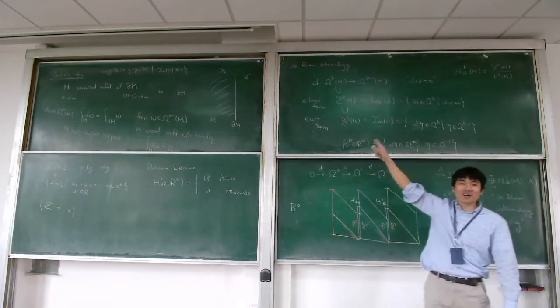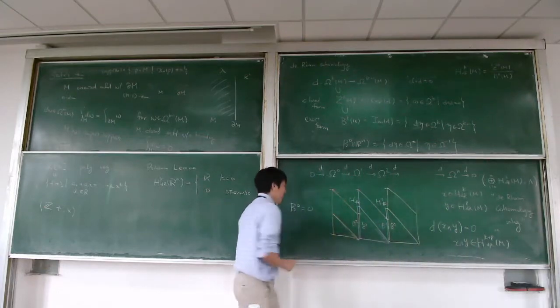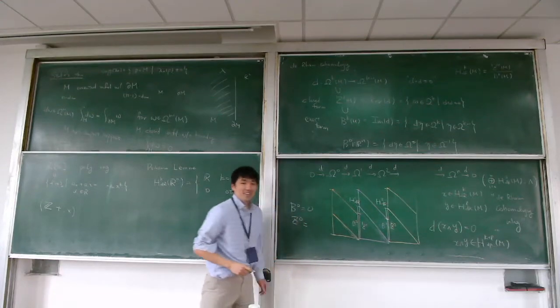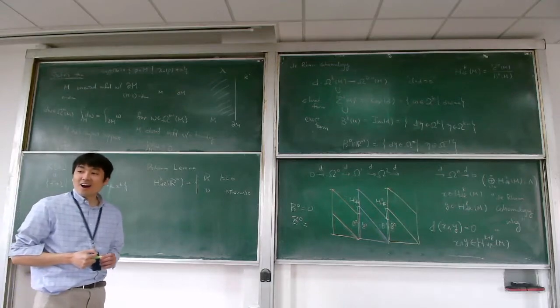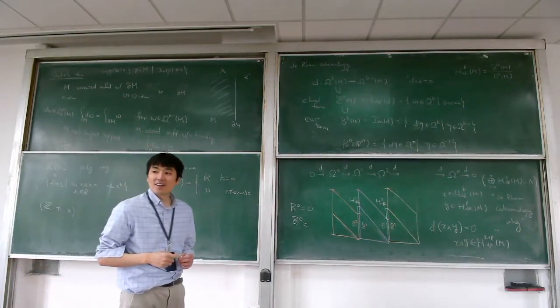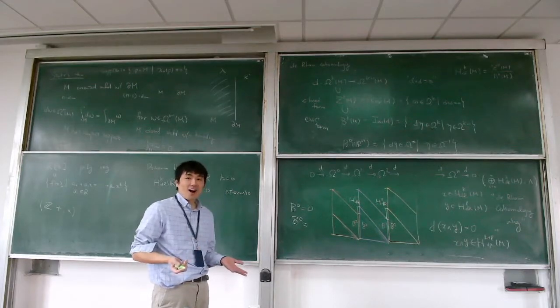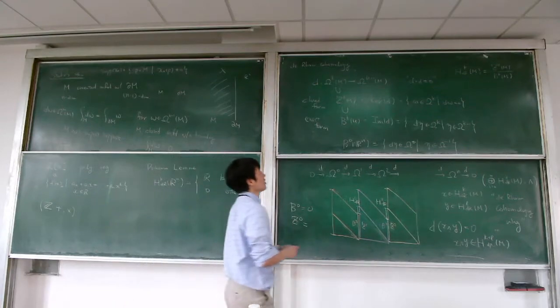So what is B0? 0. So what is Z0? Some people say R. And what does the R stand for? Constant function, good.